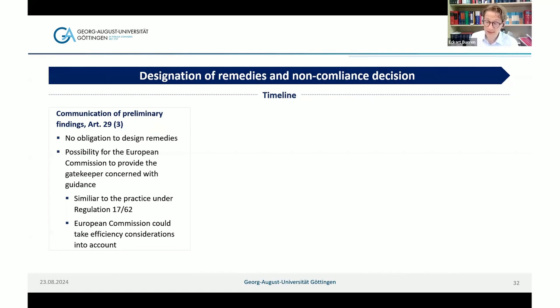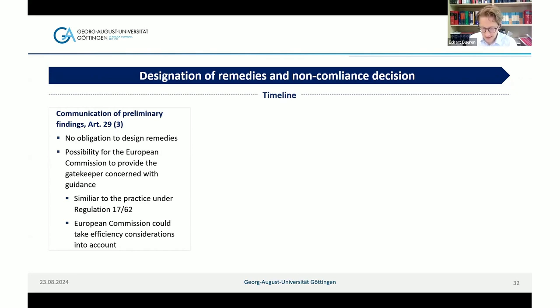Again, however, this is limited by several points. First of all, as I've explained at the beginning, sometimes the DMA contains efficiency offenses. So the legislator deliberately does not want to grant the gatekeeper certain efficiencies. Of course, these efficiencies cannot be respected here. Only efficiencies can be respected that are not forbidden by the DMA, so insofar as we don't have an efficiency offense in the DMA.